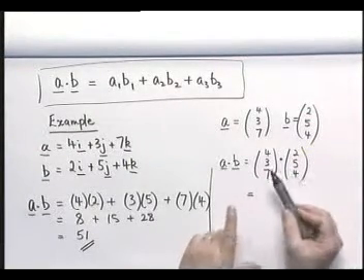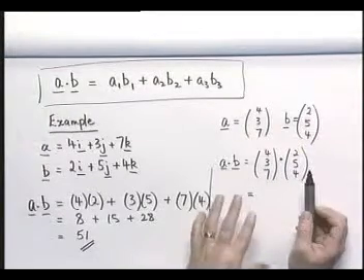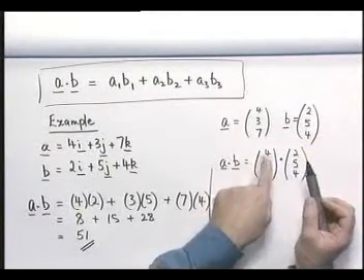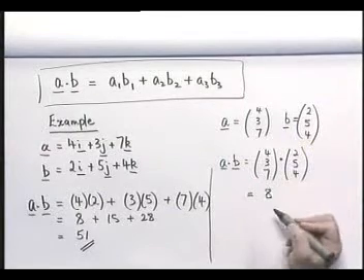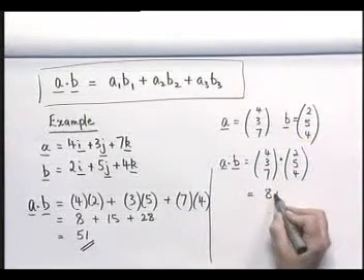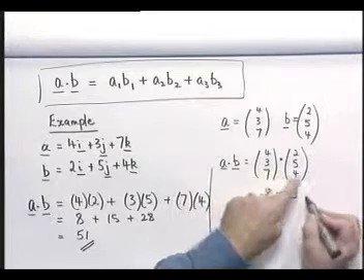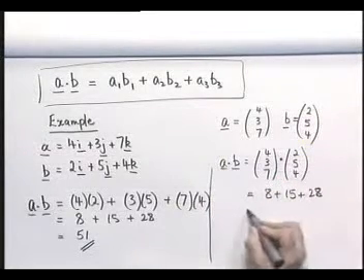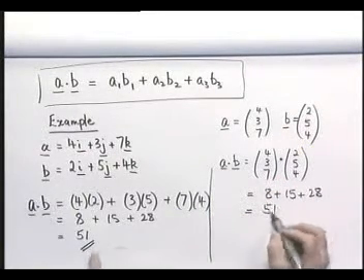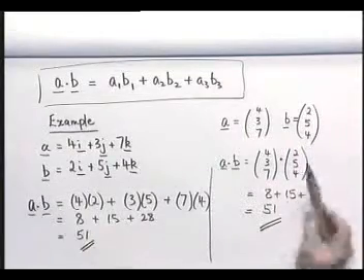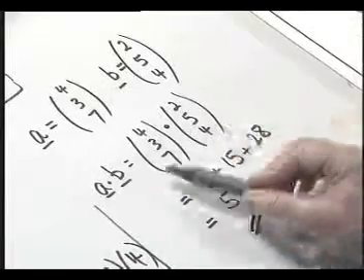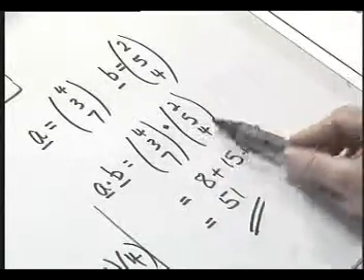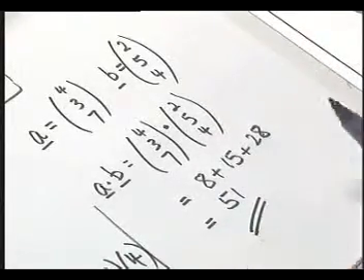Now to multiply corresponding components together, it's quite easy to see what they are now, because we want 4 times 2, which is 8, 3 times 5, which is 15, and 7 times 4, which is 28. And if we add those up, we'll get 51, like we did over here. So some people might find it a bit easier just to write them as column vectors, and then just read off the corresponding components, multiply them together, and add them up to get the result.